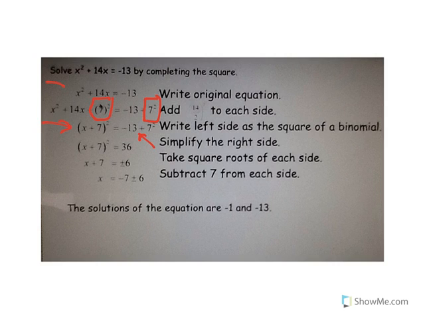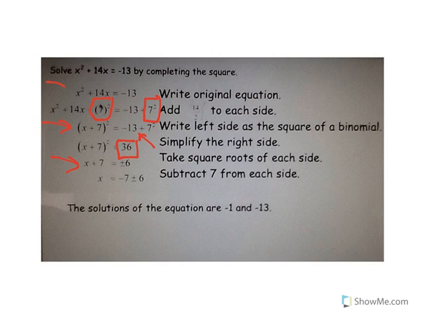I'm going to change that to 49, and when I do, I end up with 36. So x plus 7, that whole expression squared, is equal to 36. Now I'm going to take the square roots of both sides. When I do that, I'm going to end up with x plus 7 on one side.